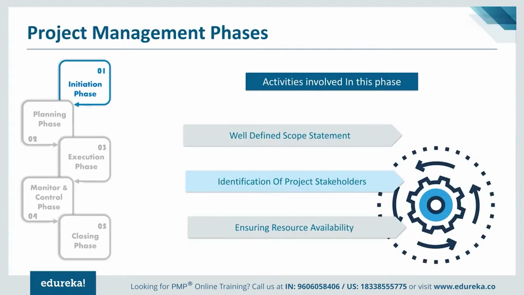So starting with the initiation phase, as you can see on the screen, the first thing is, of course, a well-defined scope statement. As a part of the initiation phase, we need to first understand what I am supposed to be working on. So if you are working on a project wherein you are producing some IT product, and that IT product is, let's say, for digitizing the customer experience.